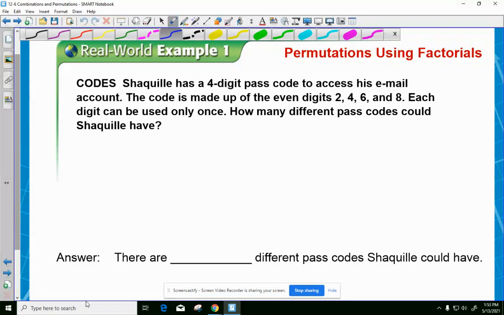I appreciate the guess. It is not correct. 20. Okay. 20? How did you come up with that? You had 2 plus 4 plus 6 plus 8. Okay. Where are you coming up with that? Oh, just your favorite number? Okay.